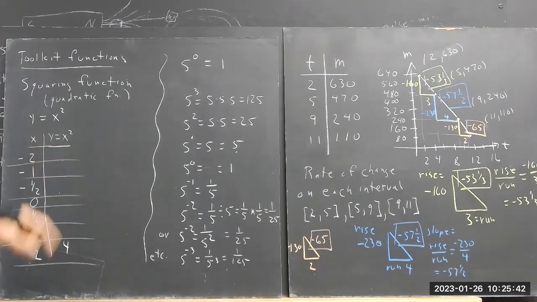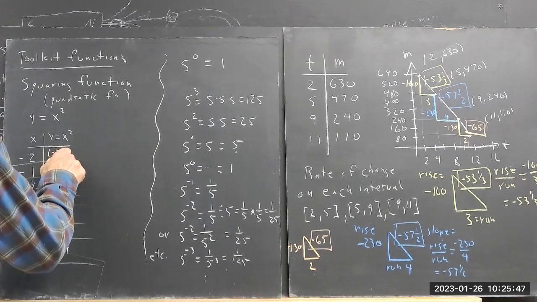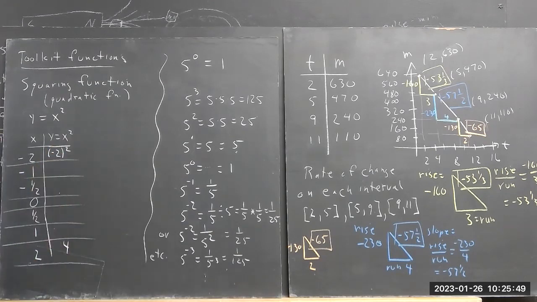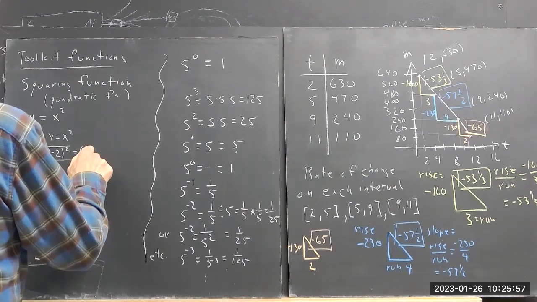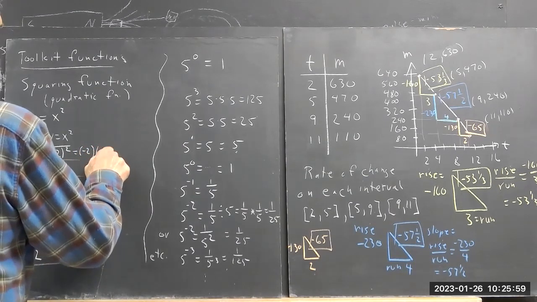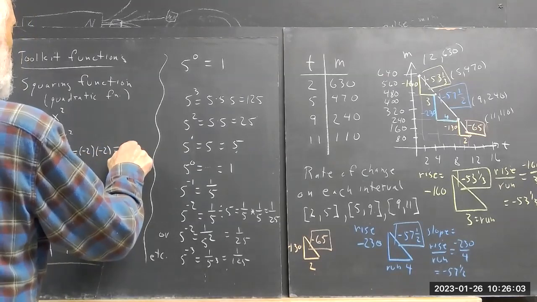X is -2, y is x squared. So the whole -2 gets squared, meaning this is -2 times -2. Well, 2 times 2 is 4.